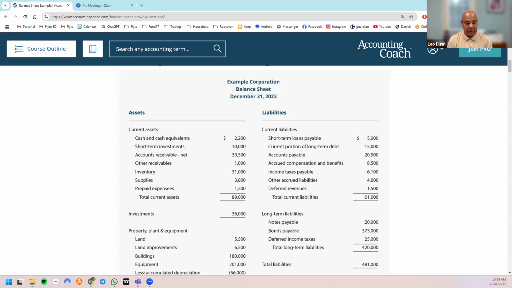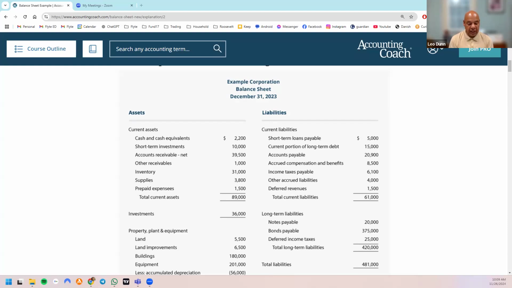So a prepaid expense would be where you have paid for an expense, but you have not yet used it as of this point. So an example of a prepaid expense would be insurance, liability insurance. So normally with liability insurance, you pay for it on the front end.